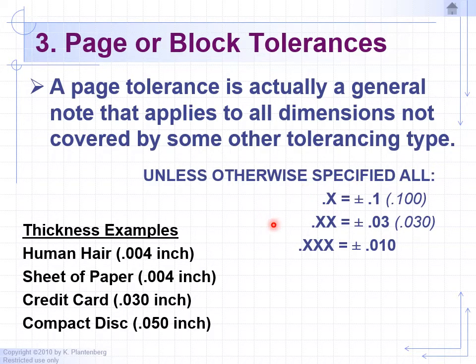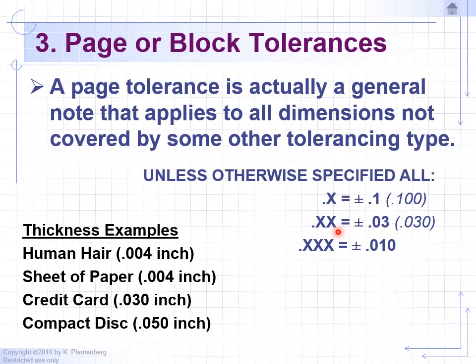If you list a dimension of 1.00 and you don't call out the tolerance, then once again, the machine shop will look in the title block, look at 2 decimal places, 1.00, and now you're telling them they can be off by plus or minus 0.030. And that's the thickness of a credit card.